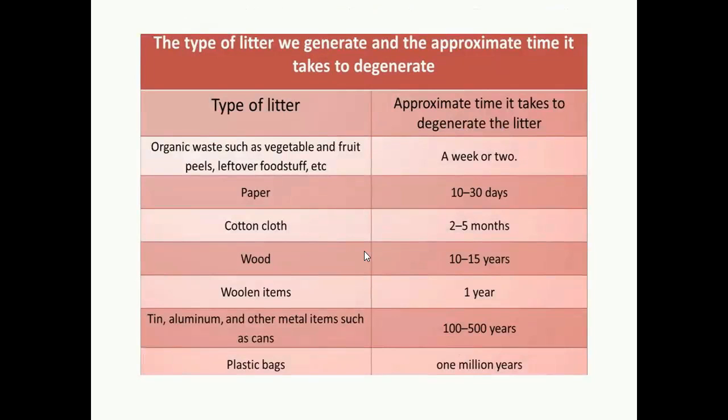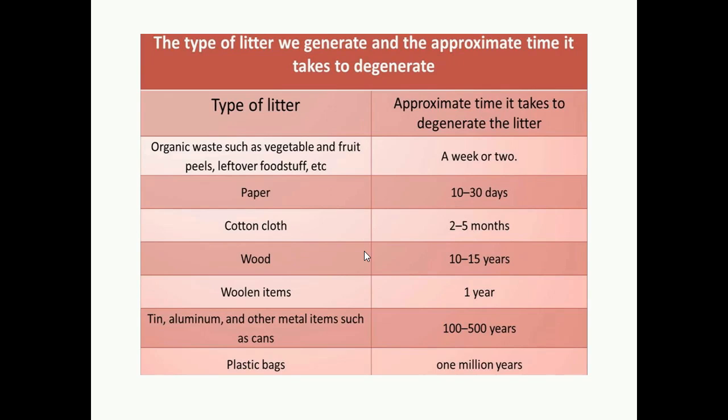Next, the type of litter generated and the approximate time it takes to degenerate. We are observing different types of waste materials and the time in which each material decomposes.